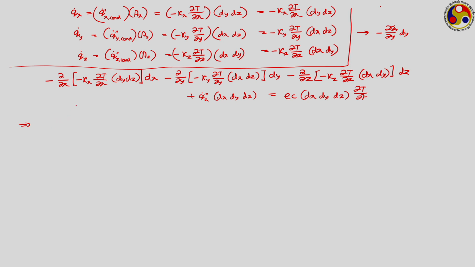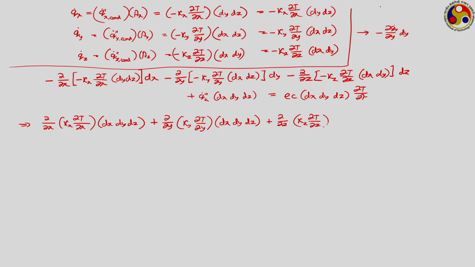Then in that case, also taking the minus signs out, we get dou x of kx dou T dou x into dx dy dz plus dou y of ky dou T dou y dx dy dz plus dou z of kz dou T dou z into dx dy dz plus qg dot triple prime, that is the volumetric rate of heat generation, into dx dy dz, equal to rho c into dx dy dz dou T dou t.